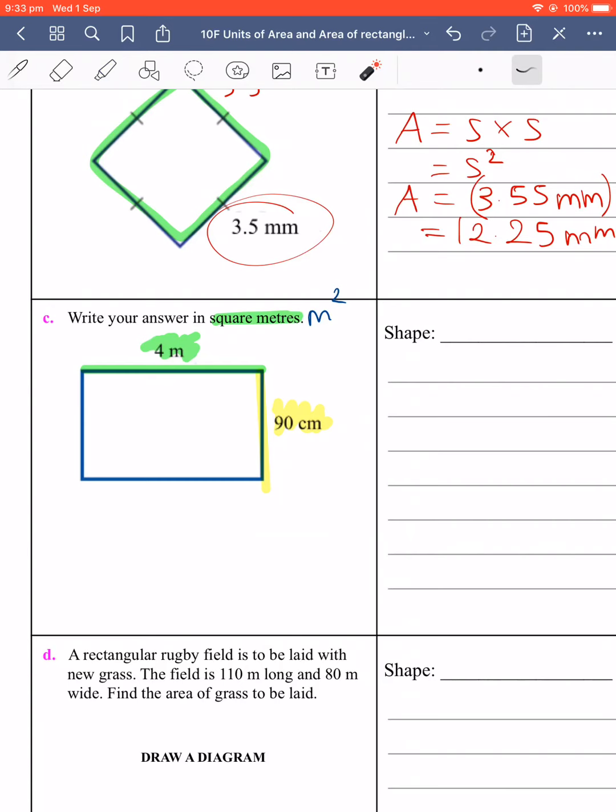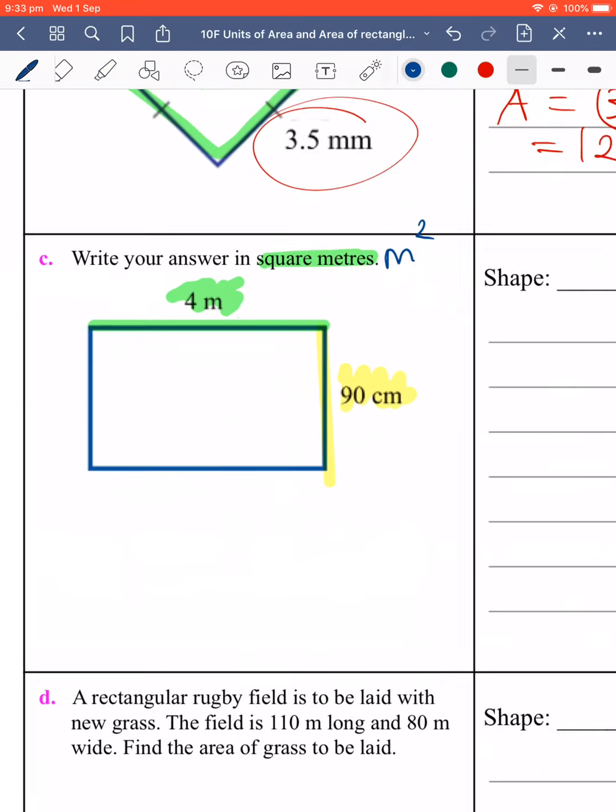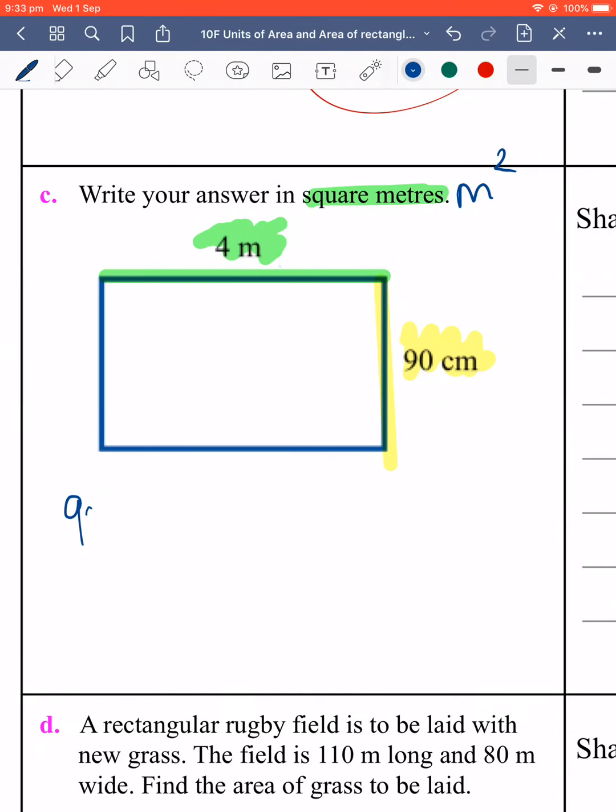So first thing I need to do is to actually convert this number, 90 centimeters, into meters. So let's do that. In order for me to change it from 90 centimeters to meters, what I need to actually do is I need to divide it by 100.